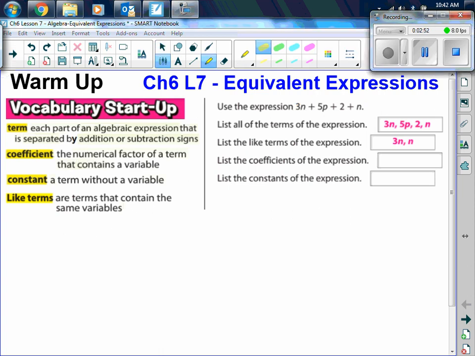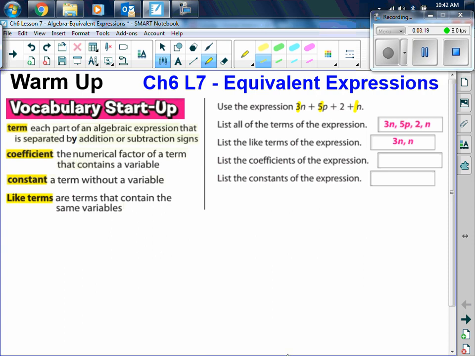So now we want to list the coefficients of the expression. Remember, the coefficients are the numbers that are in front of the variable. So here, what are the coefficients? 3, 5, and there's one more. And 1. Very good.